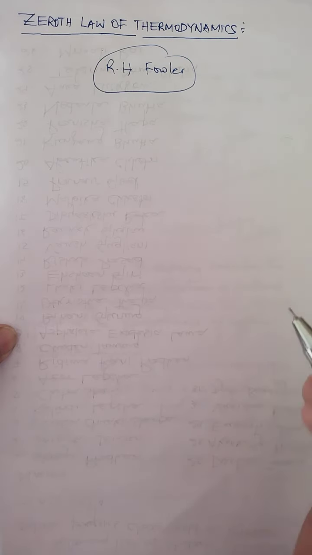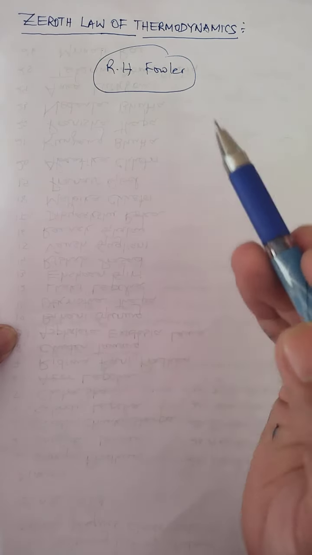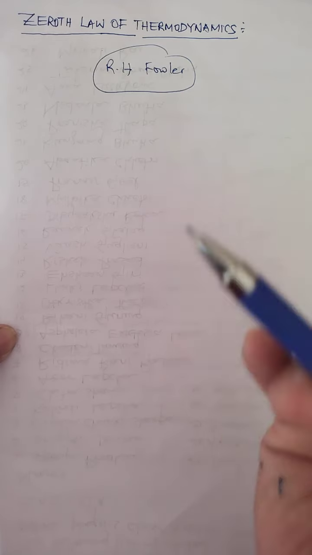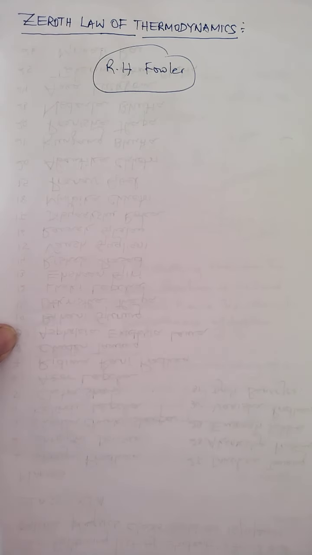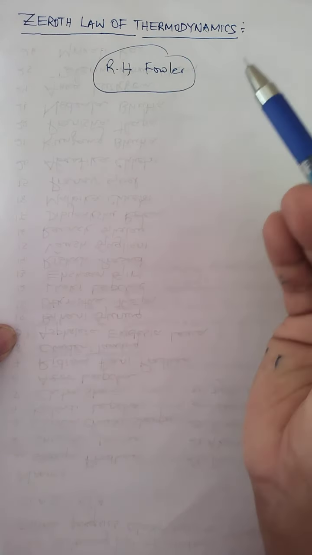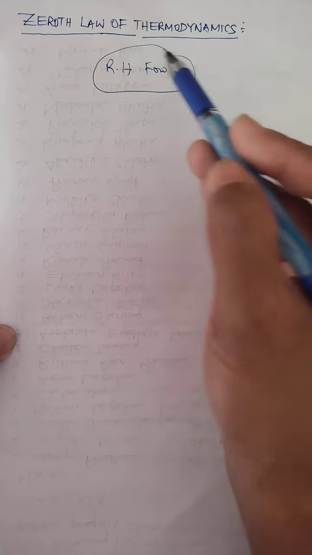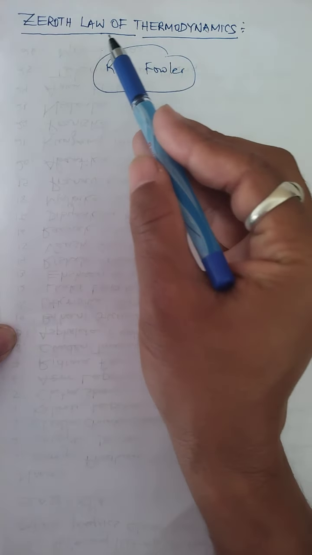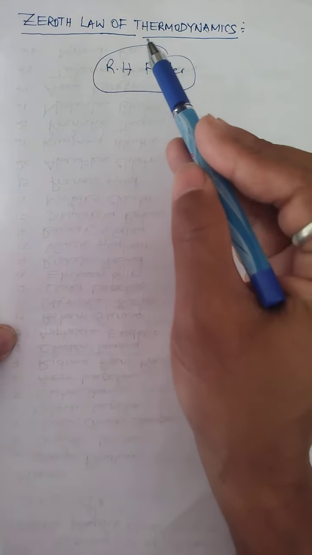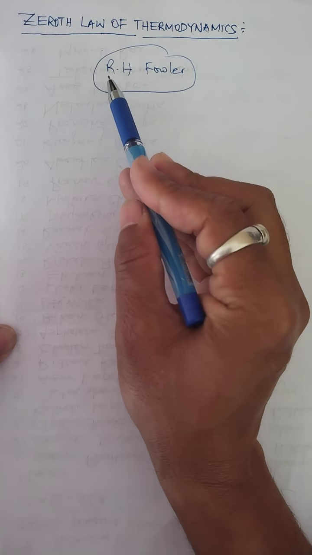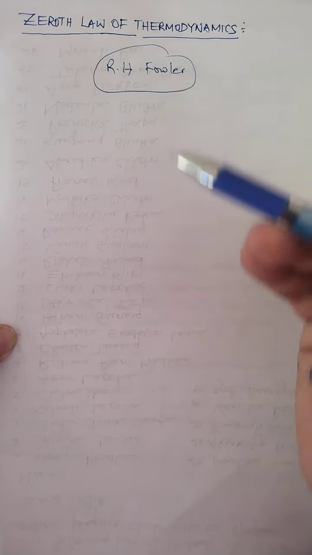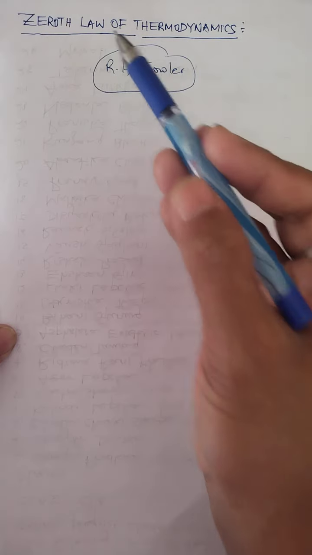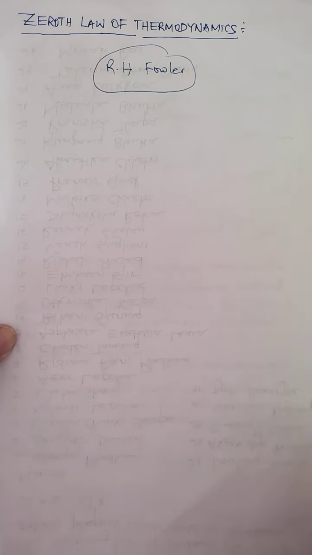But I'll tell you that this law was formulated long after the first and second laws of thermodynamics. The first law was formulated, then the second law, and only after that the zeroth law, the concept of temperature or thermal equilibrium, was formulated by R.H. Fowler. But in the thermodynamics chapter, we start with this law known as the zeroth law of thermodynamics.